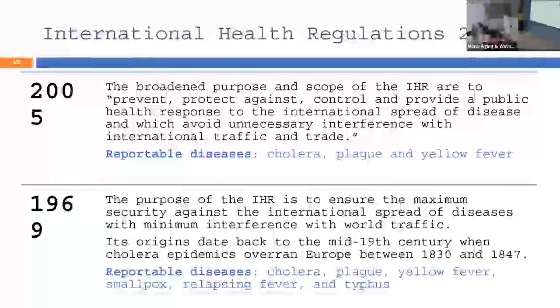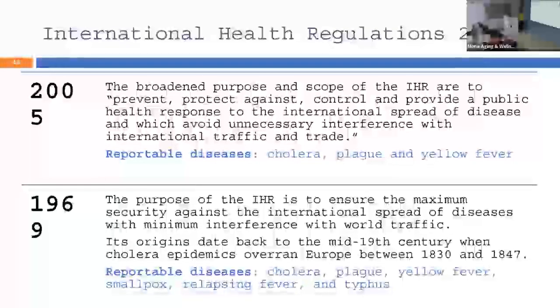I don't know what the rationale is for the other 2, but the reportable diseases now are cholera, plague, and yellow fever. If it's seen, then we have the obligation to report to WHO under the International Health Regulations.